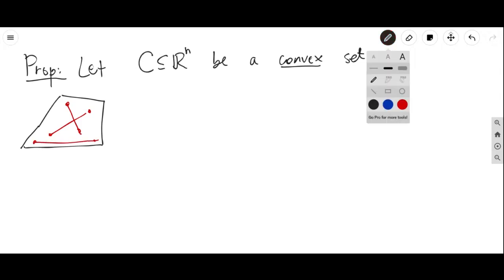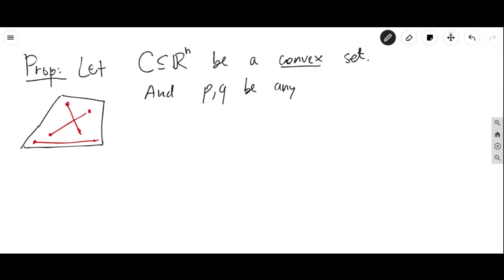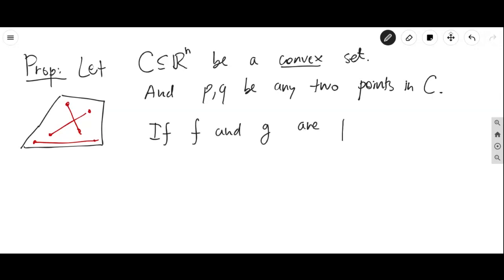Let it be a convex set, and P and Q be any 2 points in C. Then if F and G are paths from P to Q, then F is homotopic with G. That should make sense, right?